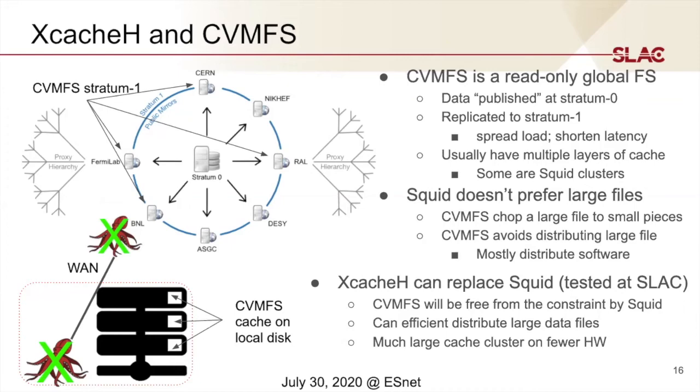We can completely remove Xroot from the CVMFS network. If we can do that, we also free CVMFS from the restrictions imposed by Xroot. For example, we can use CVMFS to distribute large files more efficiently, and we can build larger clusters with less hardware.